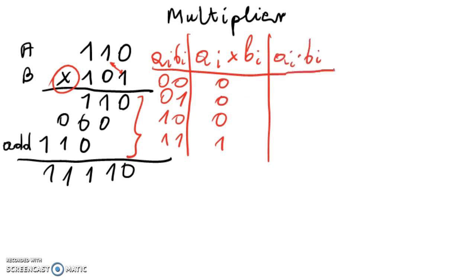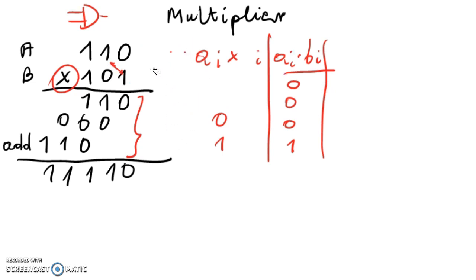So arithmetical multiplication of 1 bit times another one is exactly the same as the logical operation. So we can use an AND gate to multiply the bits of the numbers. And so, wipe it down. The next problem is to add it.